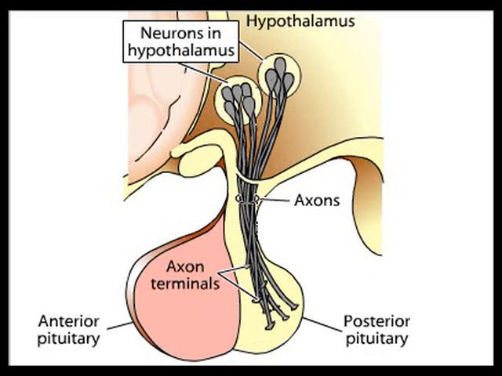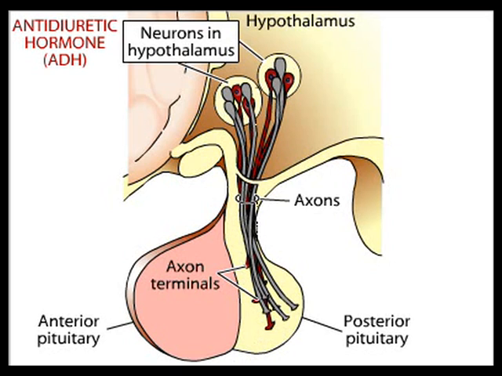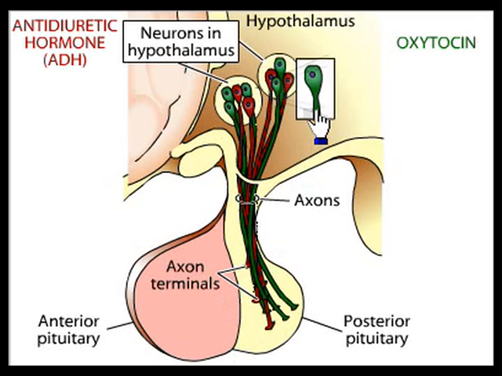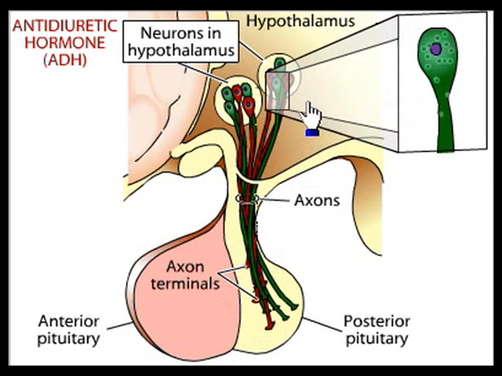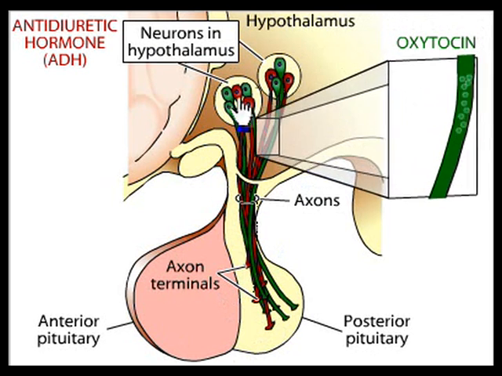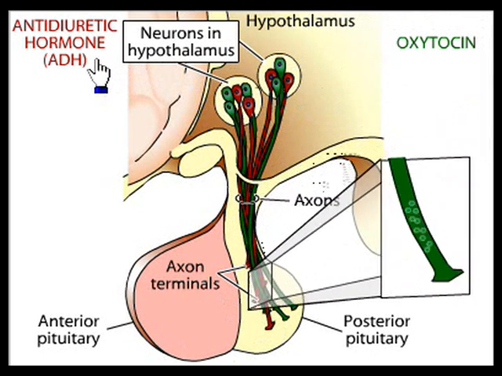Now, you see the red neurons and the green neurons. The green neurons are the ones which secrete oxytocin. The red neurons are the ones which secrete the antidiuretic hormone.